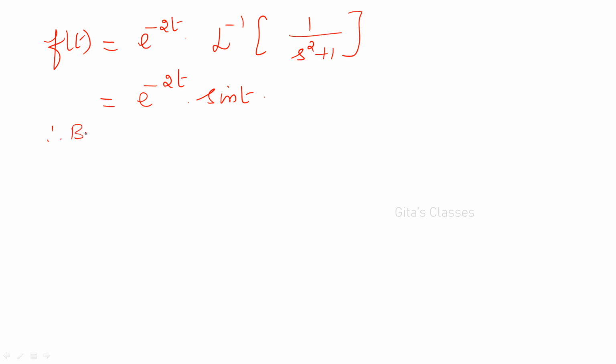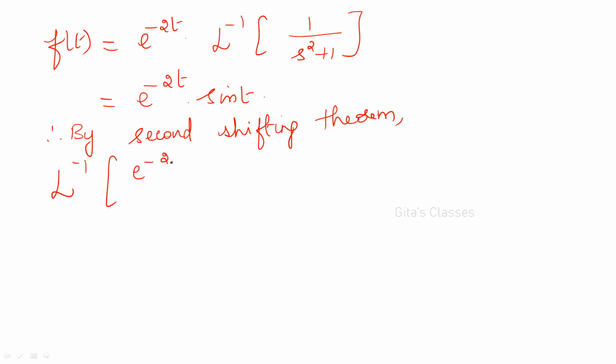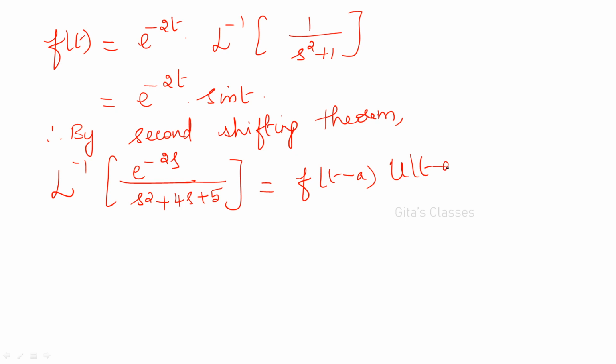Therefore, by the second shifting theorem, we have found f of t. So L inverse of e power minus 2s divided by s squared plus 4s plus 5 is equal to f of t minus a into u of t minus a, where a is equal to 2.